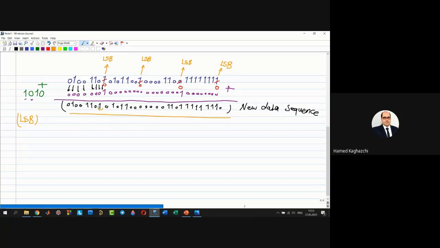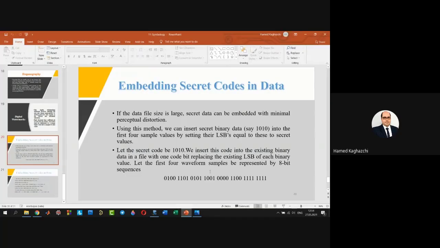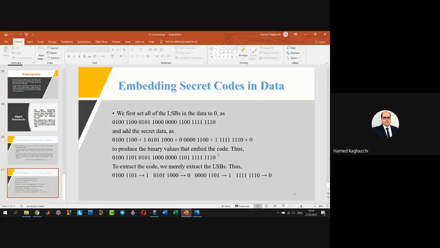This is my secret data, this is my secret data, and this is my secret data. Now I could embed my secret data into the LSBs of my data file. This is the digital watermark method, or steganography, of digital data files.